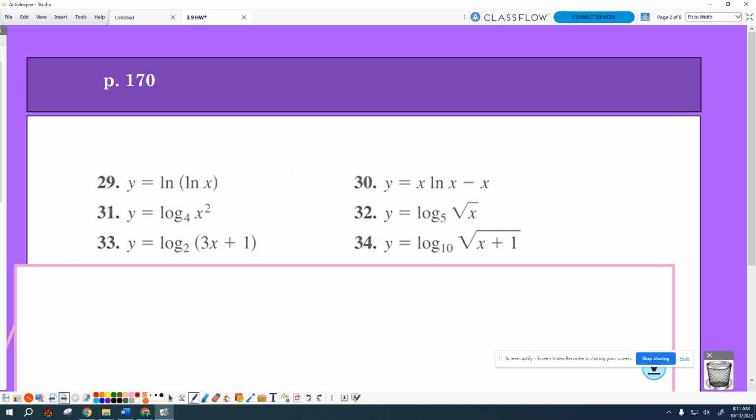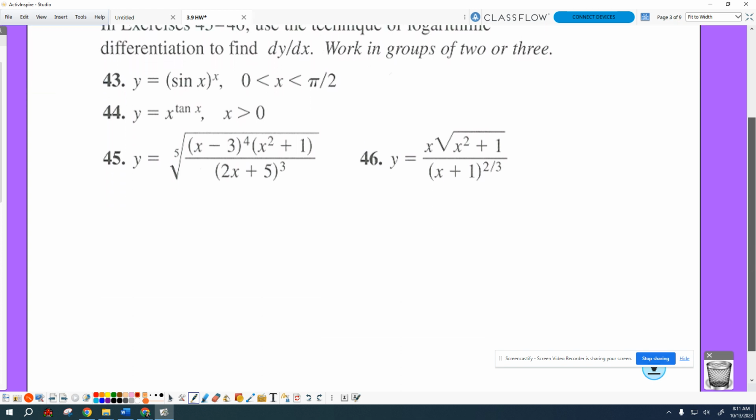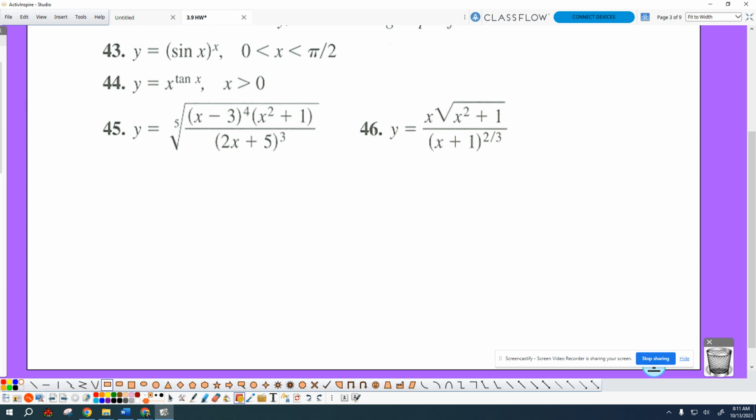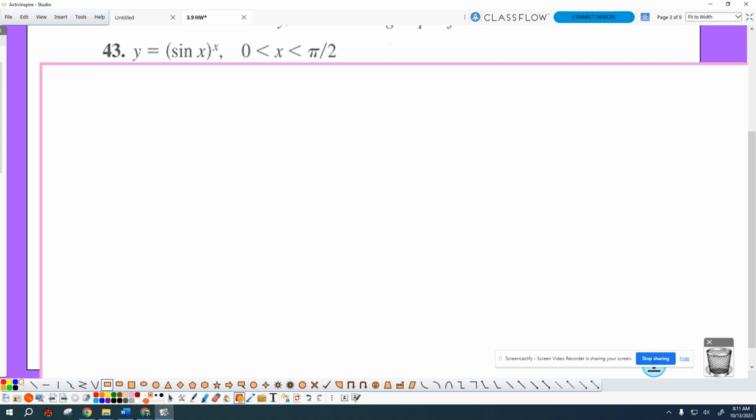Okay, the things that cause problems. Moving targets. Can you guys try 43? Can we just multiply by the power and lower the power? No. Why not? It's x. Because it's x to the x.